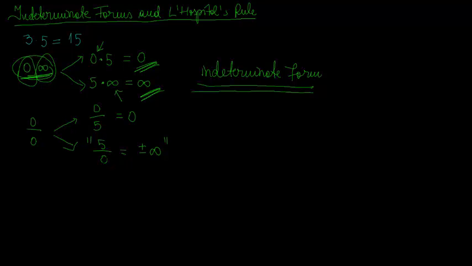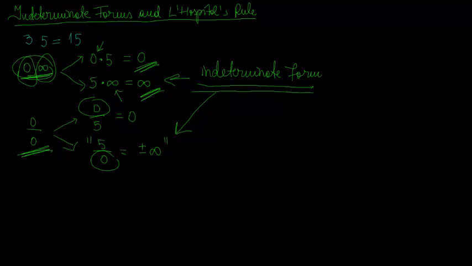So again, should the 0 in the numerator or in the denominator dominate? Depending on how the numerator and the denominator of a function act, you will get maybe 0, maybe infinity, or also any other number in between. So 0 over 0 is another indeterminate form. Similarly, infinity over infinity is another indeterminate form.